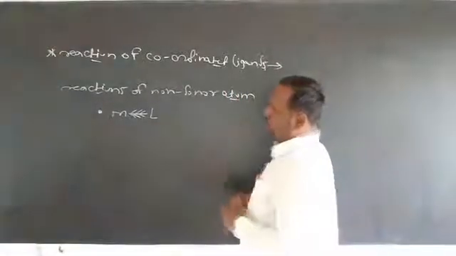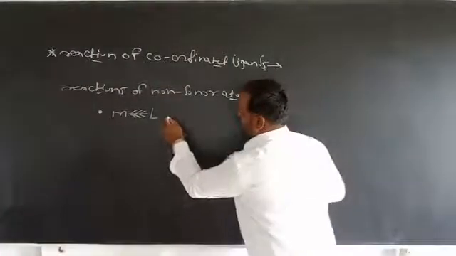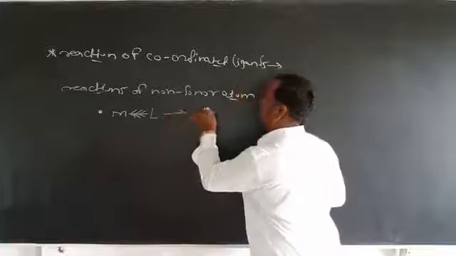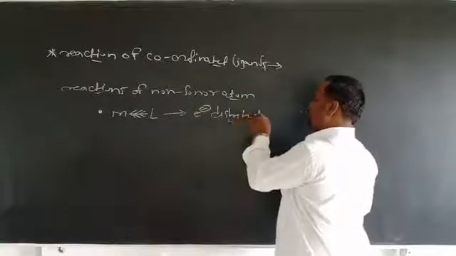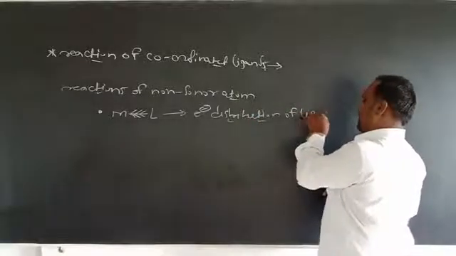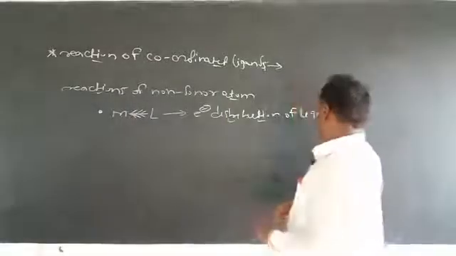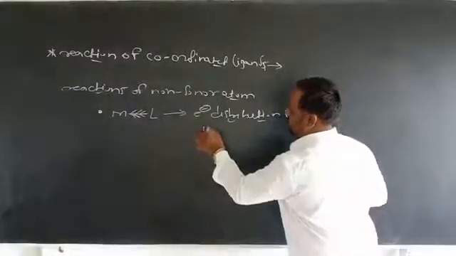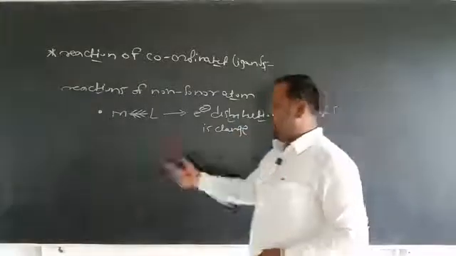During formation, the first important point is that the electron distribution of the ligand gets changed. The electron distribution of the ligand is changed when it forms a bond with the metal atom.